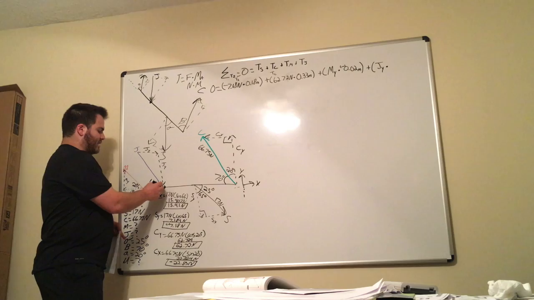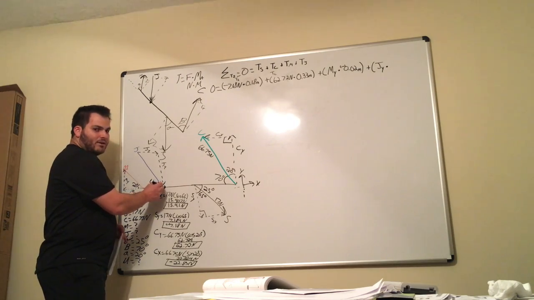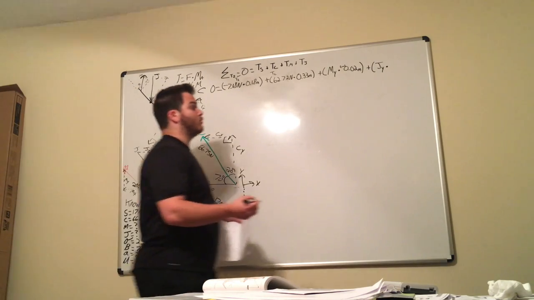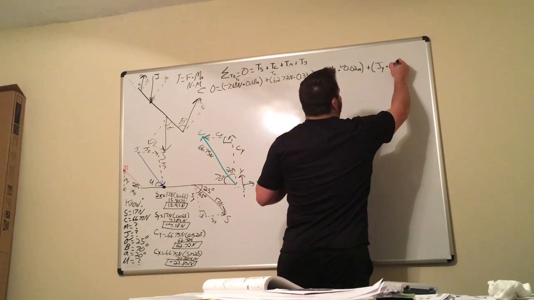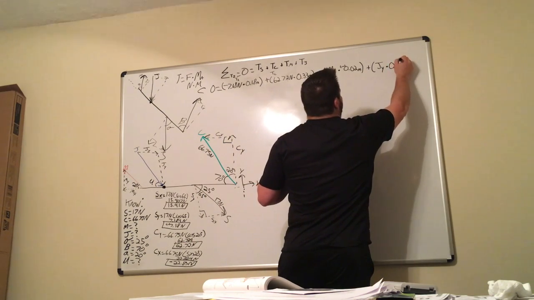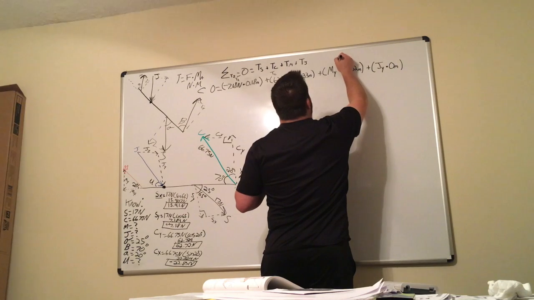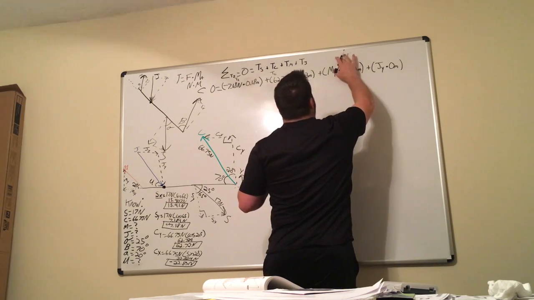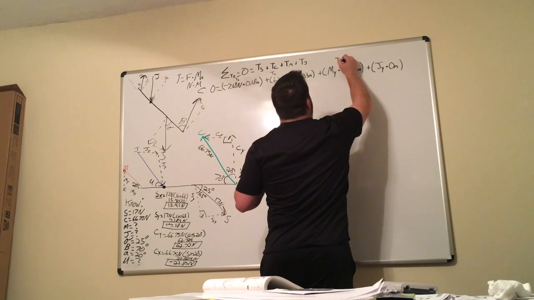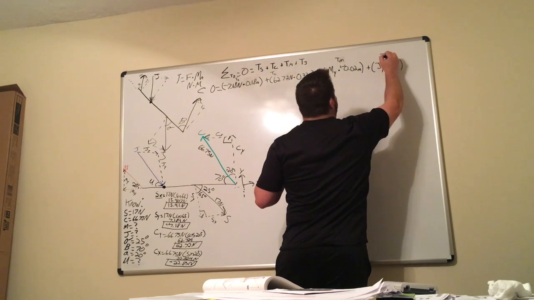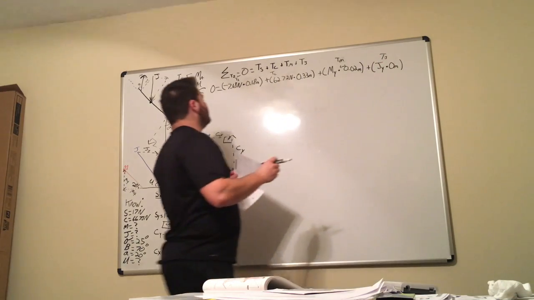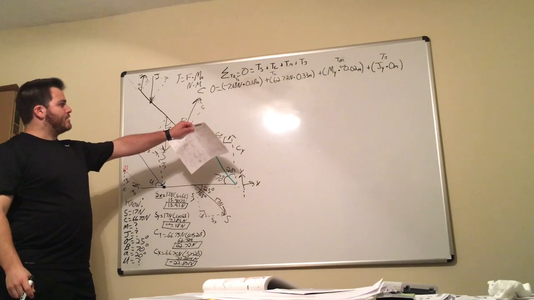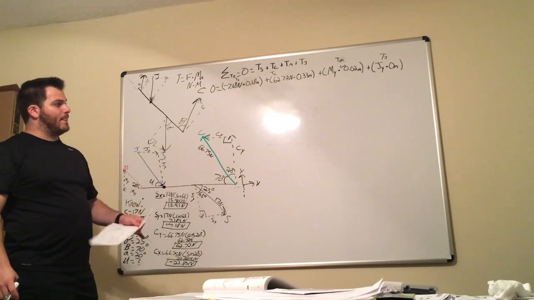So basically our distance from here to here is 0 meters. Remember, this is our torque of M, and this is our torque of J. Okay? So these are basically all of our terms.